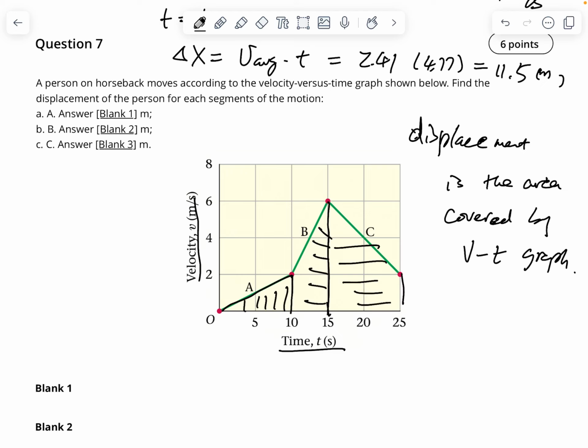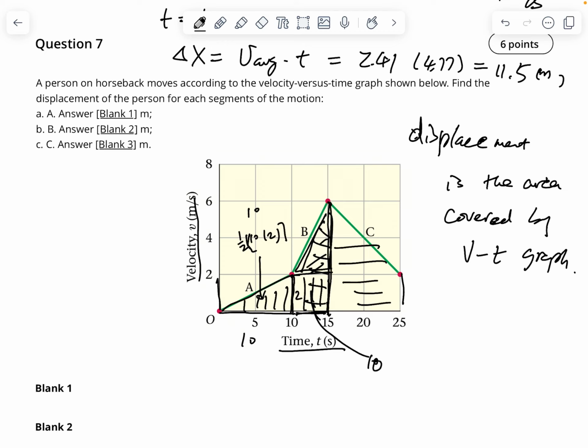For the area here, A is a triangle. This is 10, this is 2, so the area is half of 10 times 2, which is 10. For B, you have 2 parts: a triangle and a rectangle. The rectangle is 5 by 2, so the area is 10.